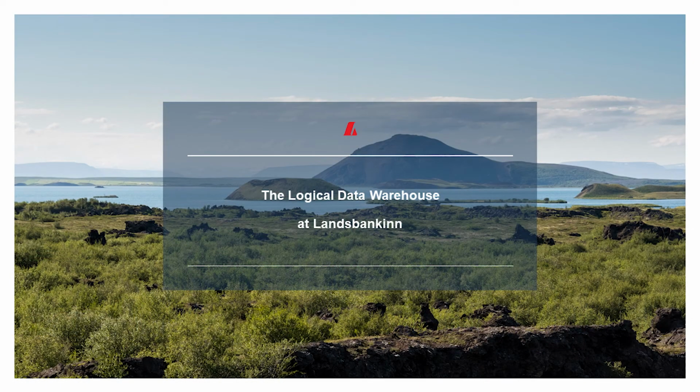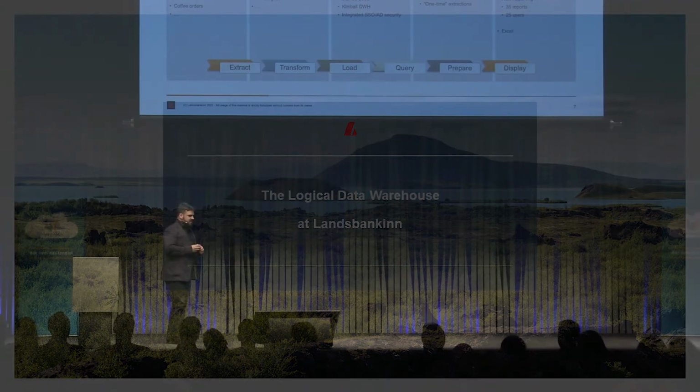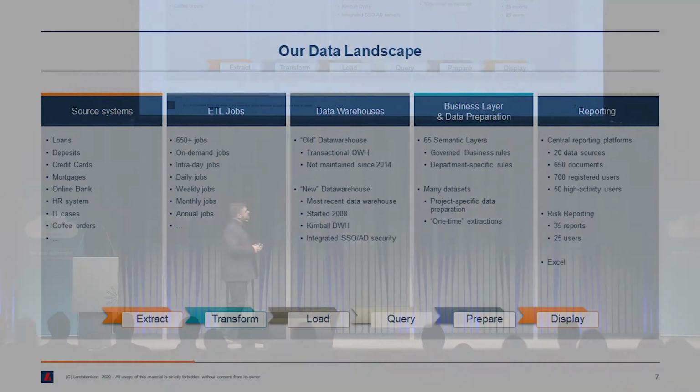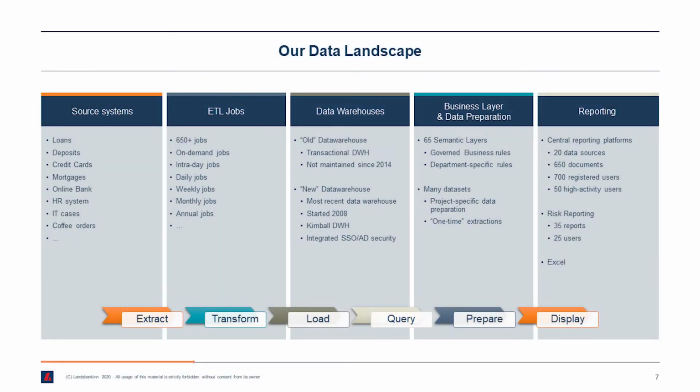So a few words about the logical data warehouse at Landsbankinn. This is our data landscape before the logical data warehouse. We have a pretty standard chain of ETLing from source system to data warehouses.